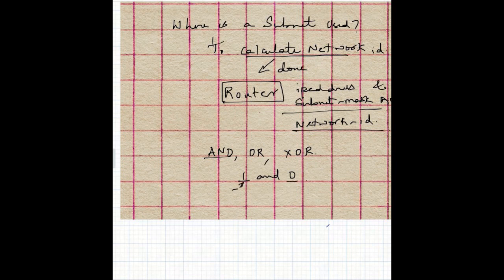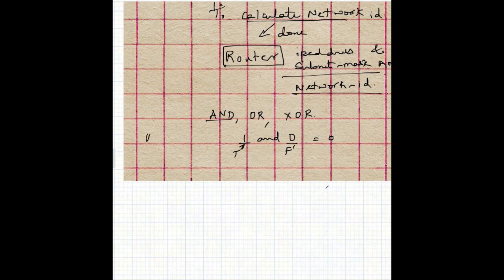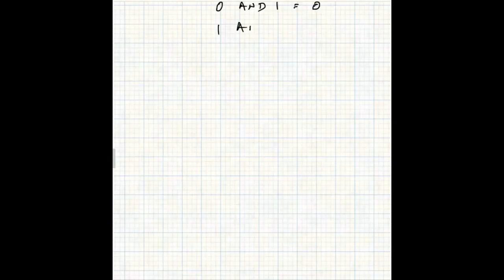So 1 can also be seen as true, and 0 is false. So 1 and 0 is nothing but 0. This is an AND table: 0 and 0 is equal to 0, 0 and 1 equal to 0, and 1 and 1 is equal to 1.